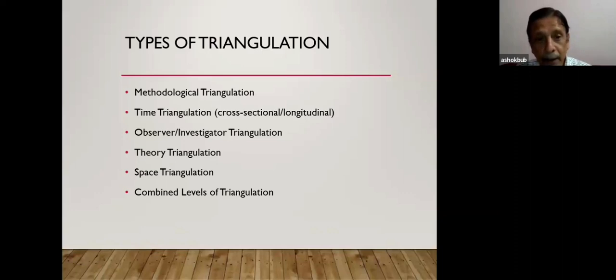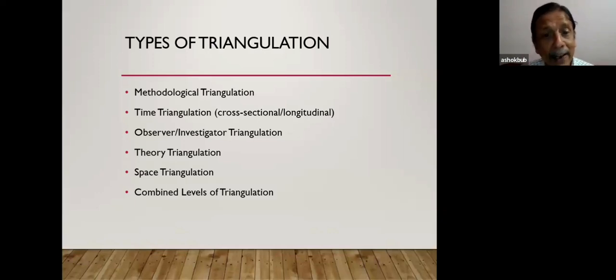You can make use of qualitative methods, and you can also make use of quantitative methods during your research. This is where you talk in terms of methodological triangulation. Again, this can be thought of simultaneously during the process of research, or it can be sequential also.